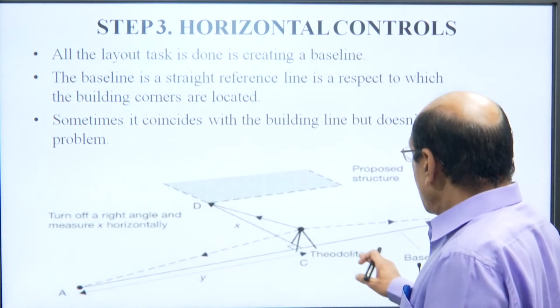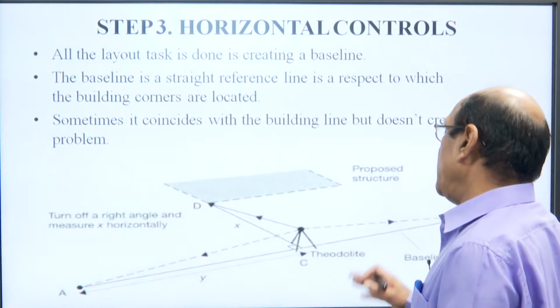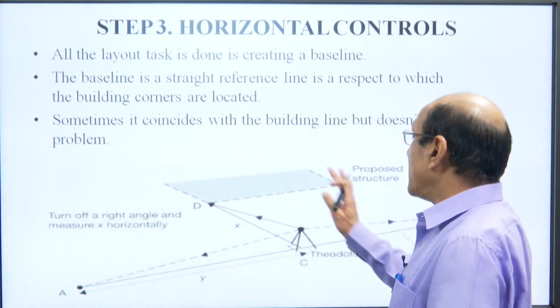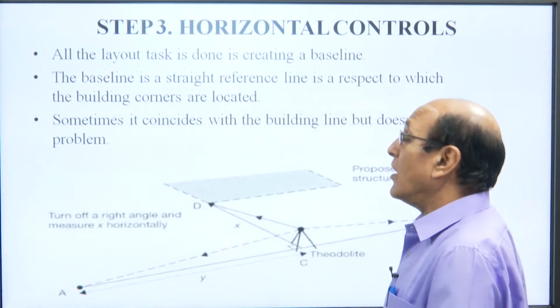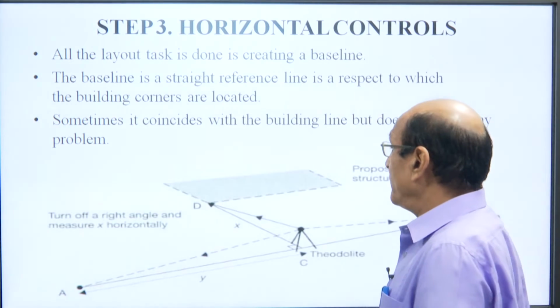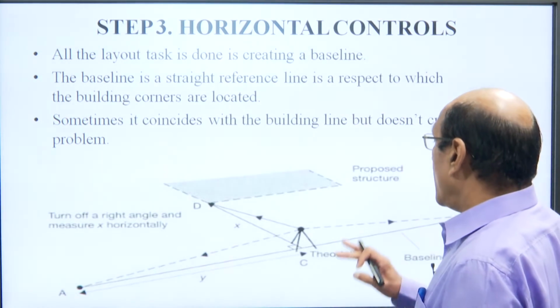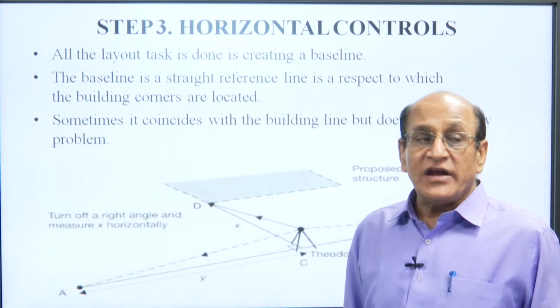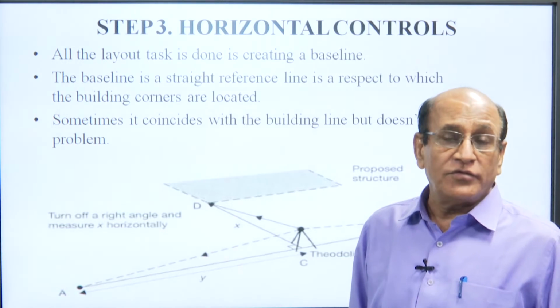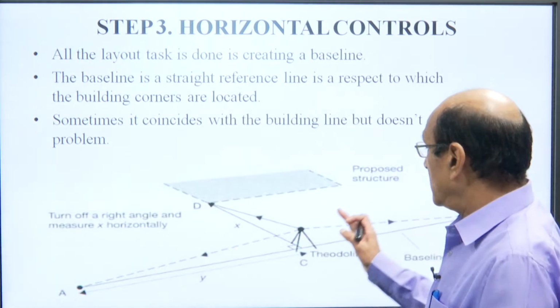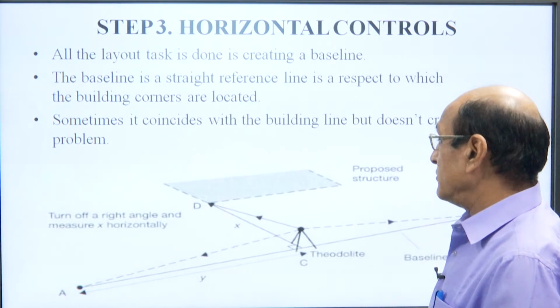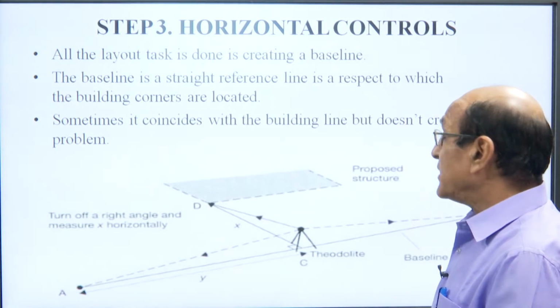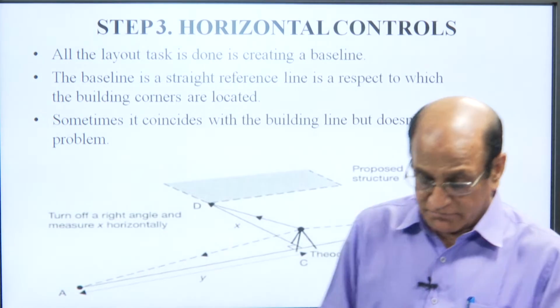So, baseline is a must. With reference to the baseline we can mark each corner of the site, and after connecting all the corners we will get the location where the work has to be carried out.